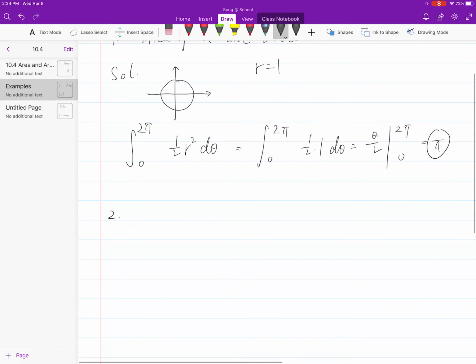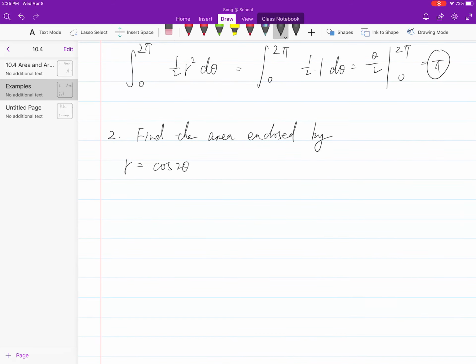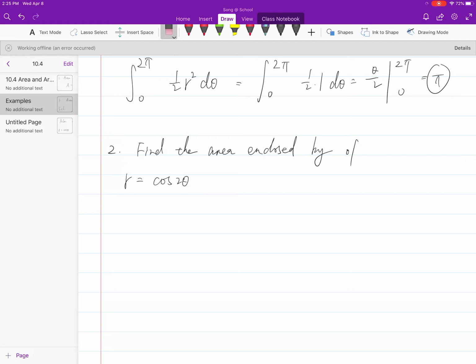Nice. Now let's try something trickier. Let's take this one, r equals cosine 2 theta. But we only want one of the leaves.